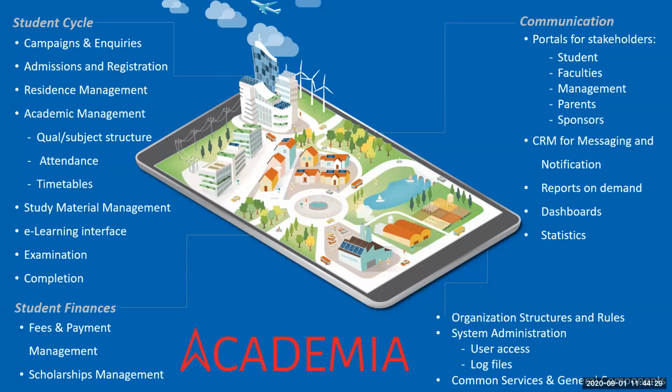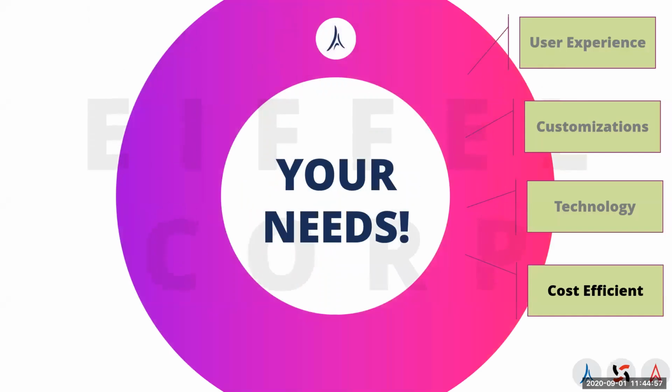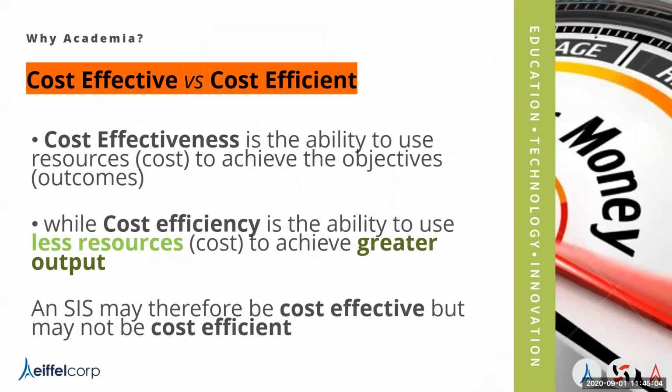And these two mainstream cycles in the student management system are strongly supported by the communication level of the academia system, which is a very strong, well-designed level that makes sure that you as an institution have the capability to communicate easily with technology at hand to the stakeholders. And we've looked at those in the previous session a lot. So if you have queries about that, please ask, and we can always touch on that a bit. But for today, let's focus on the cost efficiency of the academia system.